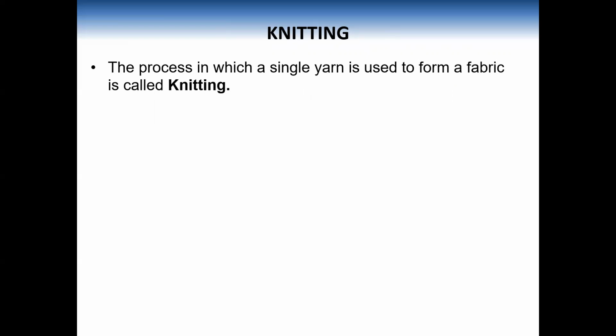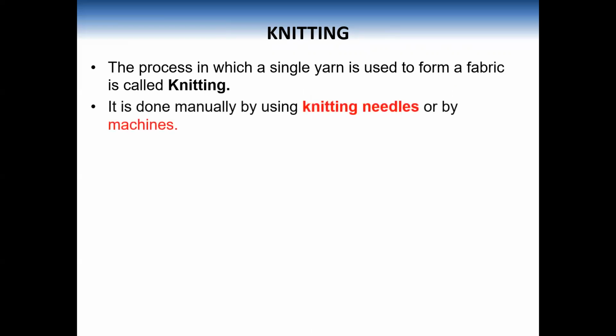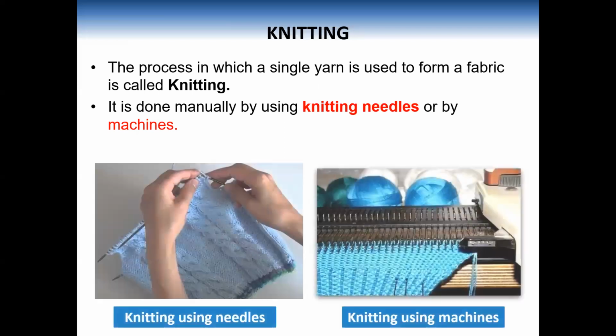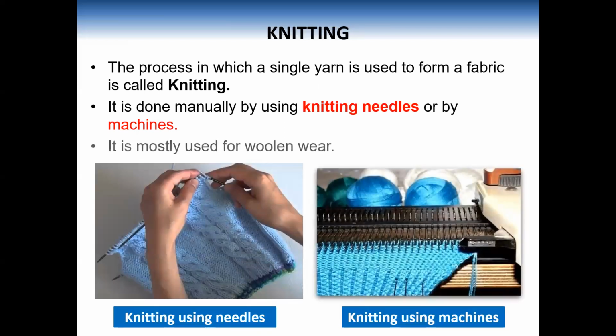In case of weaving, we use two sets of yarn, whereas in knitting, we use only a single yarn. Generally, it is arranged in an interlocking pattern. It is done manually by using knitting needles or by machines. It is mostly used for woolen wear.